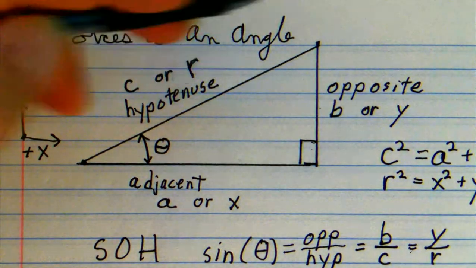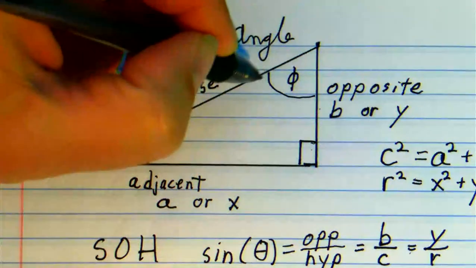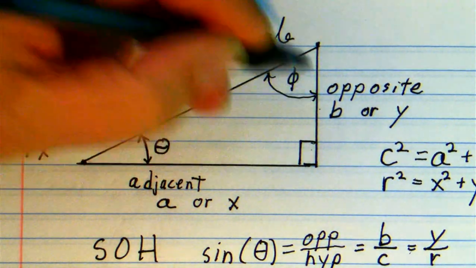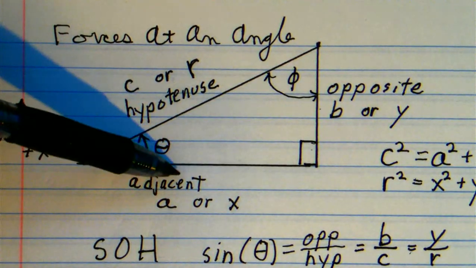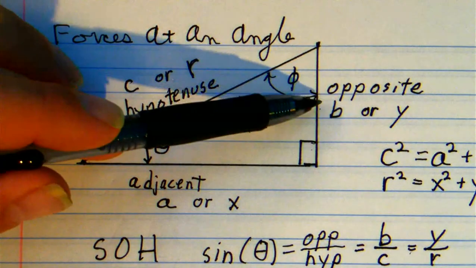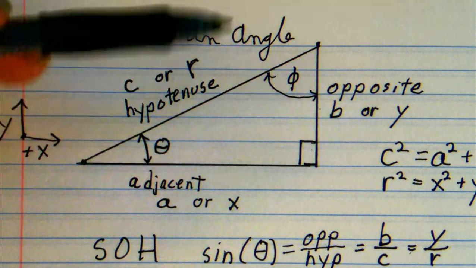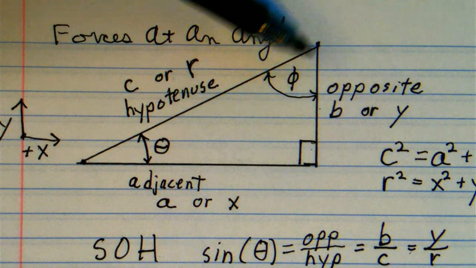They sometimes call this angle phi, just to give it one of the other names. So phi would be 12 divided by 5. Theta would be 5 divided by 12 for the tangent function. Same thing for sine and cosine.